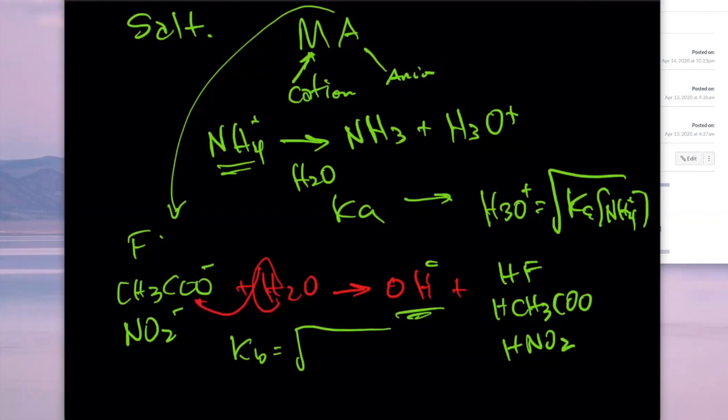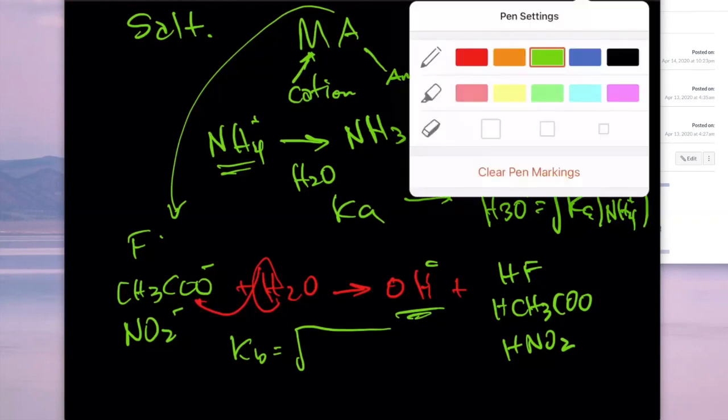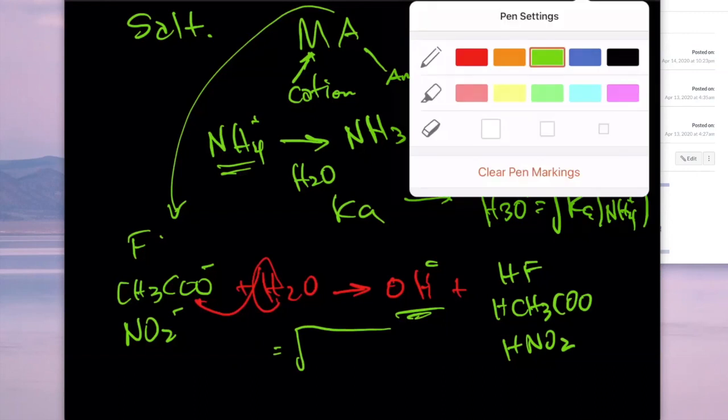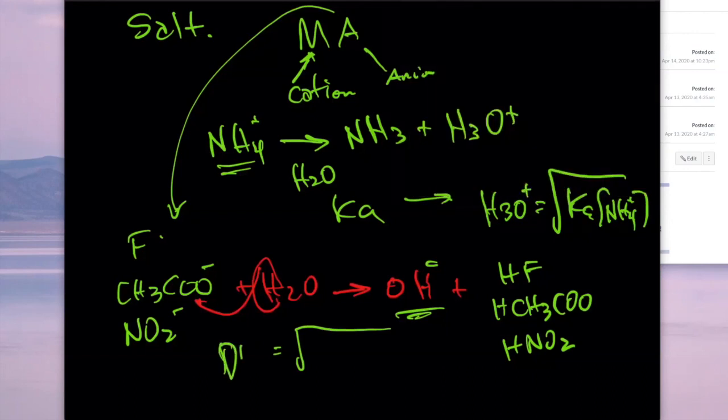I keep messing that up. Hydroxide ion concentration is equal to the square root of Kb times the initial concentration of your base. See how you have a base there? That's why I'm using that.